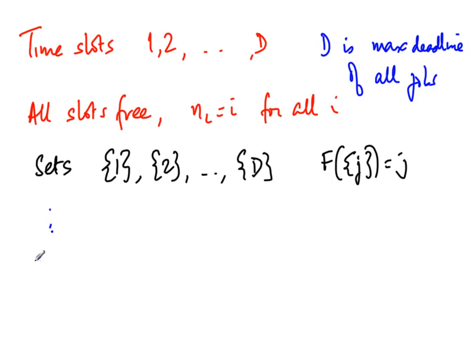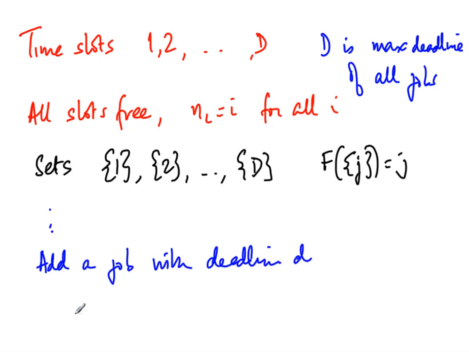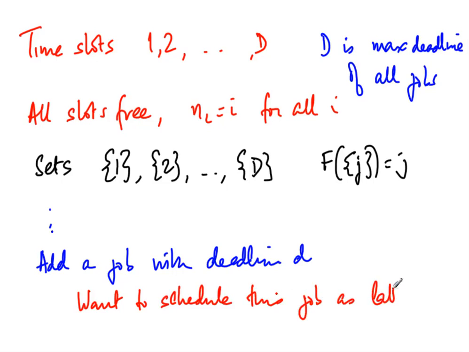Now I start adding jobs, so at some point I need to add a job with deadline d. So remember our goal, we want to schedule this job as late as possible. In other words, we want to put it at the value N_d, right?